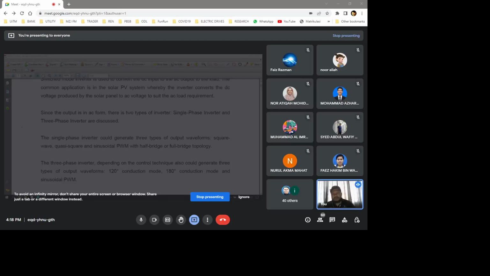Okay, in terms of topology or the circuit, that could be the input, and then you're going to connect to a switch directly.